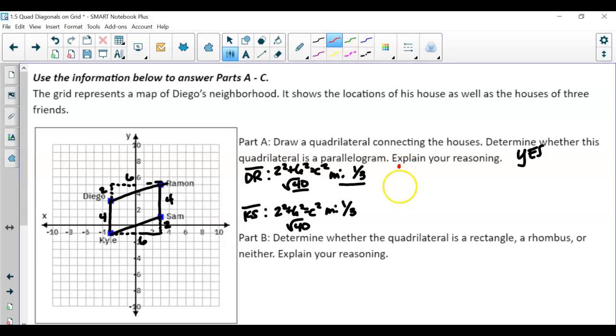Now, for those who did the diagonals, to make sure that you did that correctly. Here I have DS. DS has a negative slope, the diagonal. Then here I've got a rise of 2 and run of 1, 2, 3, 4, 5, 6.